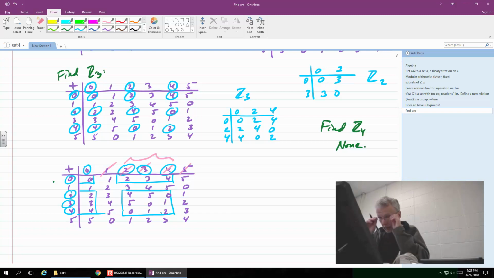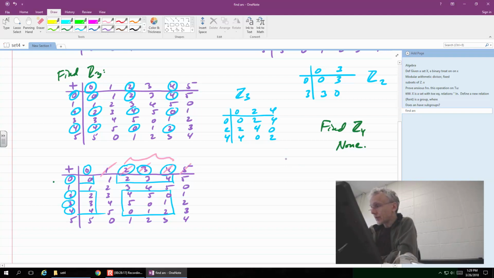There are theorems for shortcuts for finding subgroups certainly, but you appreciate them more when you do it a little bit trial and error like we did here, and so to demonstrate that there are indeed no other groups, Z2 and Z4.